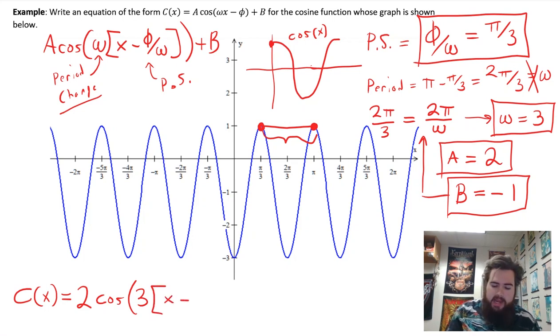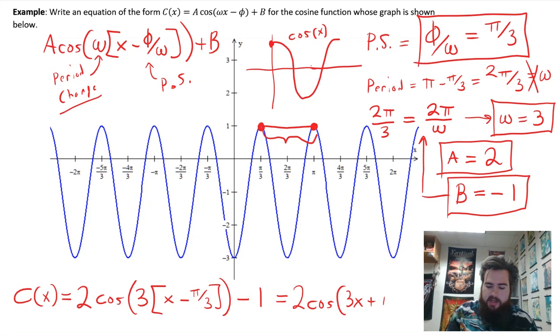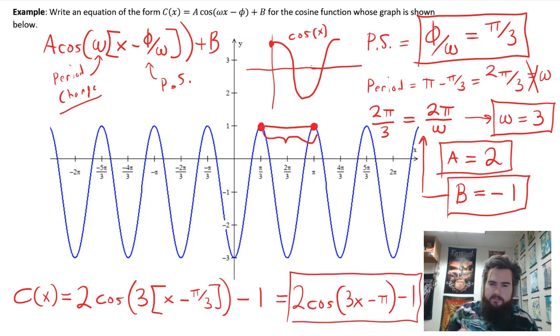Phi over omega is pi over 3. And B is minus 1. This gives me, therefore, 2 cosine of 3x minus pi, minus 1. And that is my final answer.